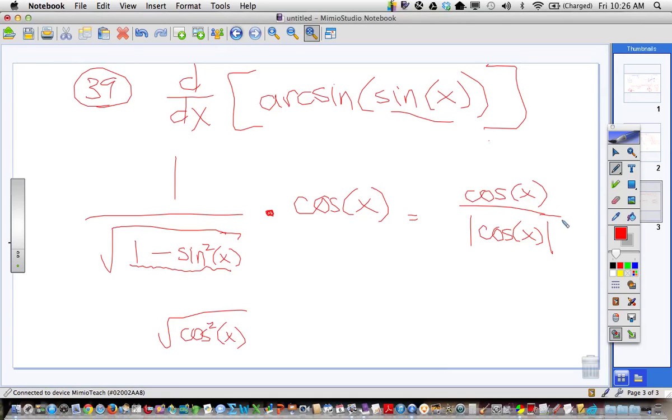So it's like having 4 over negative 4, or negative 4 over 4, right? Which would be negative 1. So if cosine's positive, this would be cosine over cosine, which is 1. If cosine's negative, this would be a negative divided by a positive that are the same, which would be negative 1. So really, this is plus or minus 1, okay? Which is what absolute value, like absolute value of x, what are its slopes?